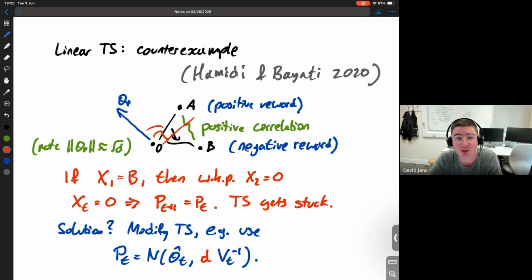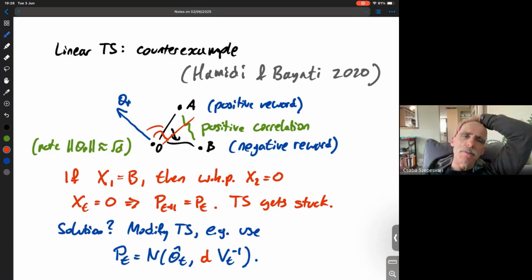And I don't know if you can make the counterexample work without this theta star being square root d. So I don't actually know if this is really binding in the setting that I would think natural from the frequentist point of view. Maybe linear Thompson sampling works. Or I'll show you that it works as long as your arm set is nice enough.